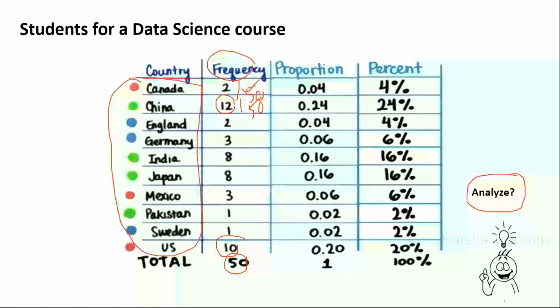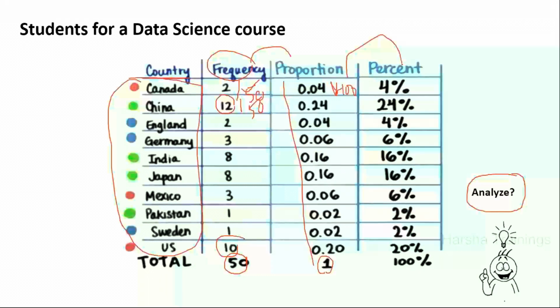Hello? Are you getting me? Yes. Now, if you divide the frequency by the total number of data set, I will call it a proportion. Okay? Now, if you add all the proportions, you will get 1. If you multiply these proportions with 100, I am going to get percentages.